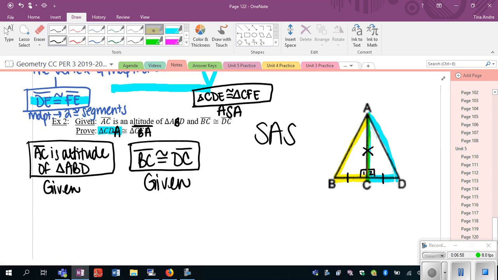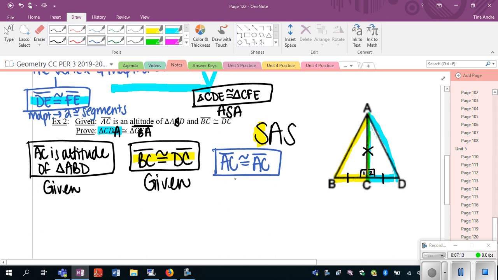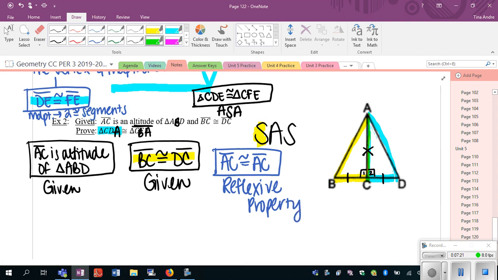I already have in my proof one of the sides, but I need to be able to get the angles on the other sides. So the other side came from the reflexive, so let's go ahead and take care of that, and then we'll deal with the altitude. So AC is congruent to AC. It's the reflexive property. And that takes care of my other side.